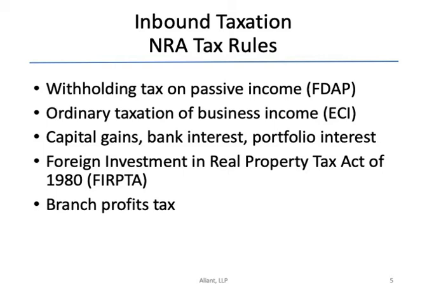So as a quick example, just to put it together for you, let's say our German client bought some shares of Microsoft, bought them directly here in the United States, and Microsoft declared and paid him a $100 dividend. Under the FDAP withholding rules, Microsoft, which is what's called the withholding agent, must withhold and remit to the United States Treasury 30% of that dividend.